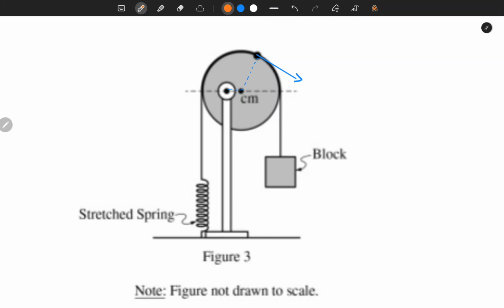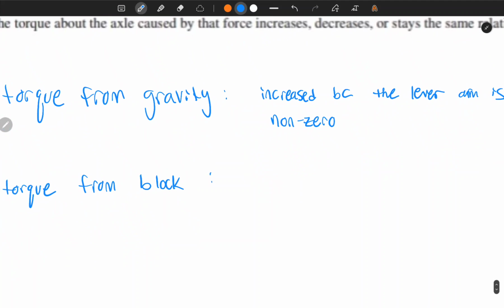Now, the lever arm goes this way, which is clearly longer than the blue dotted line because it's the hypotenuse of this triangle. So, since the lever arm is increased, the torque also increases. So, we say that the torque from the mass of the block has increased because the lever arm increased. So that is the second torque.